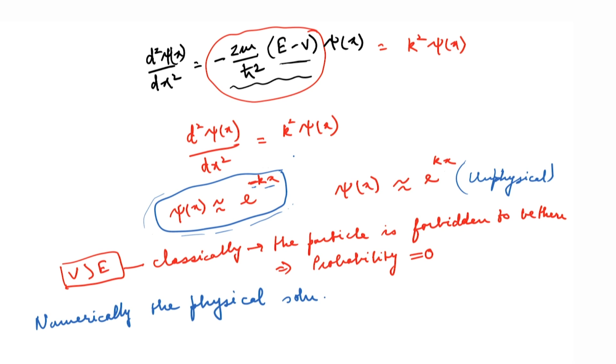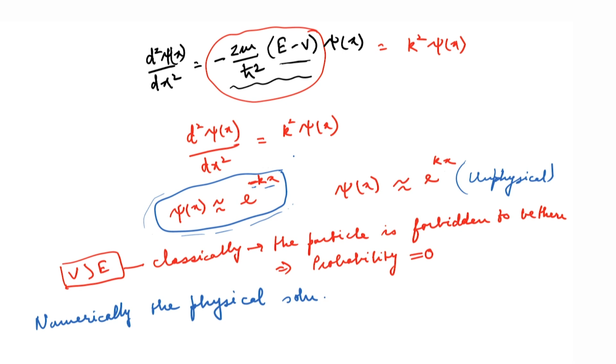So, the idea is you should have a code which will take care of both these two aspects associated with the quantum mechanical problem. The first aspect is that you have discrete energy eigenvalues and only certain eigenfunctions are allowed, which are determined by the boundary conditions of the problem which we are solving. And the second fact is that in the classically forbidden region, the wave function should decay exponentially to 0.